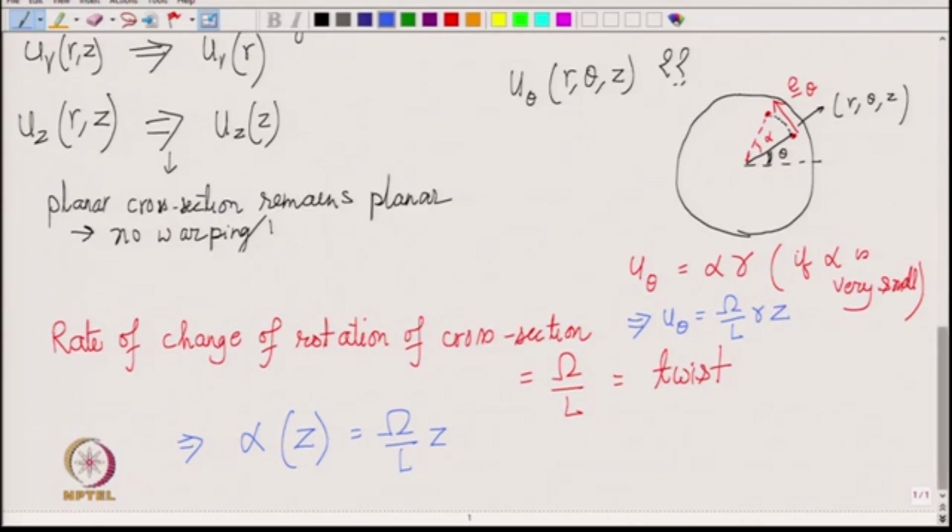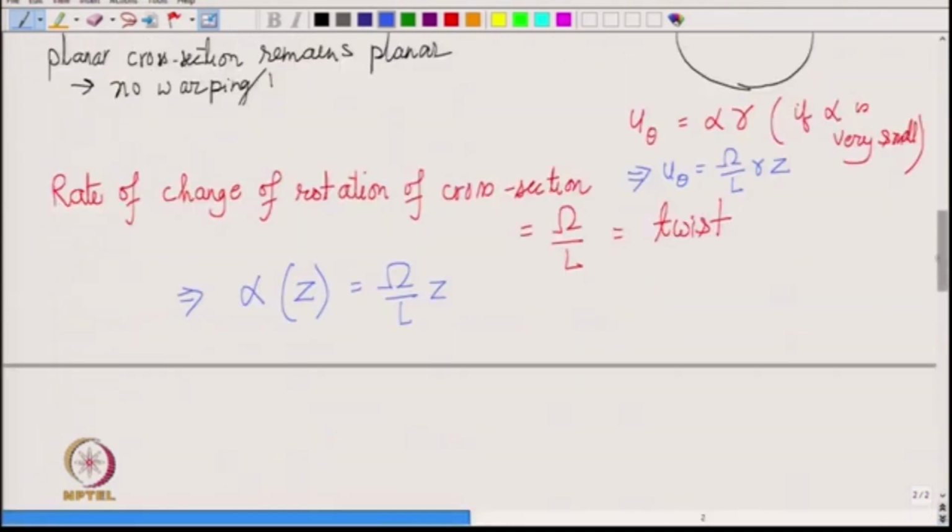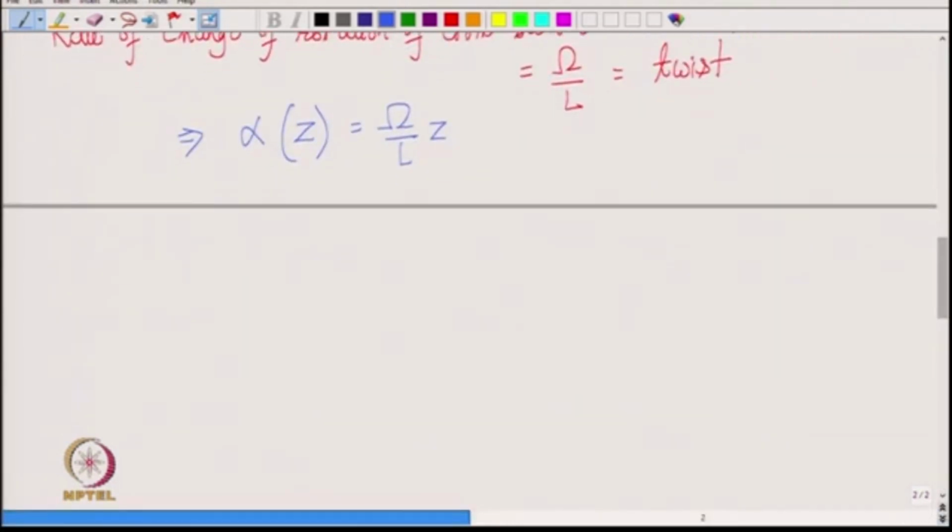Okay. All right. So, let us have a recap of the displacement. So, we have finally found out that u r is just a function of r, u theta is equal to omega by L into z into r, and u z is some function of z.